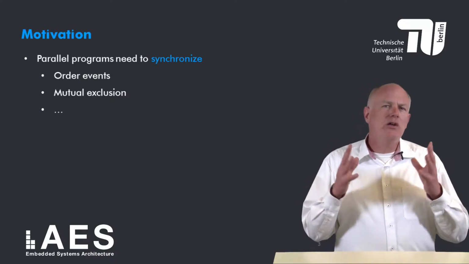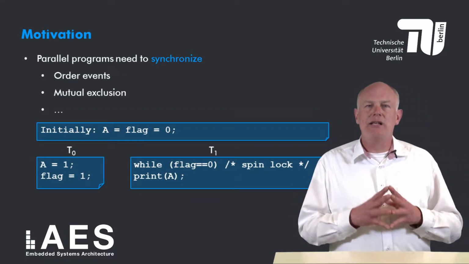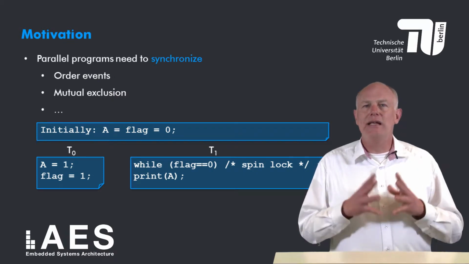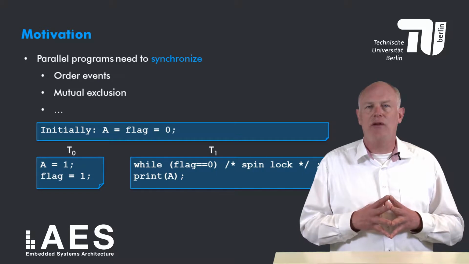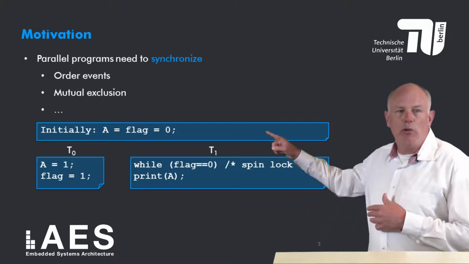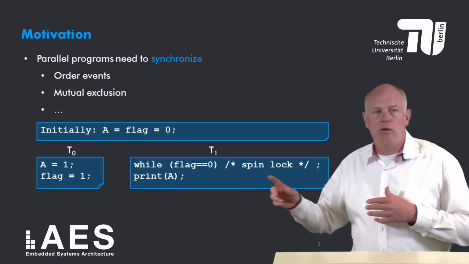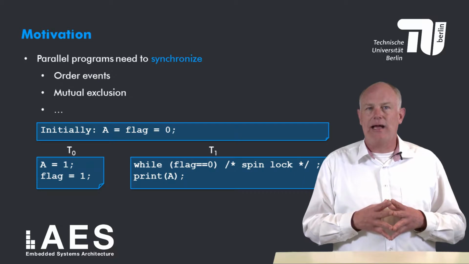To give an example of synchronization, here's a short example that we have seen before. 2 threads, T0 and T1, both have access to the shared variables A and flag. Initially, both A and flag are set to 0. Thread T0 first writes the value 1 to A and then sets the flag.